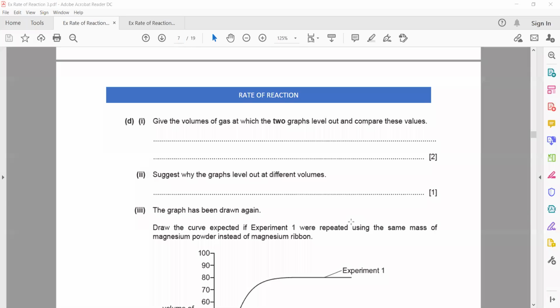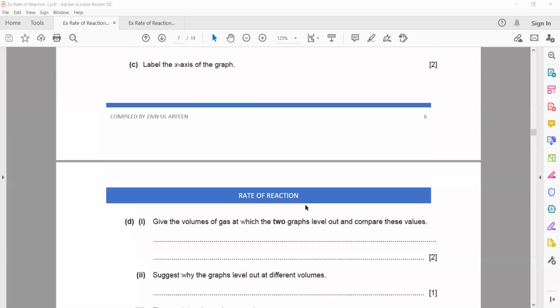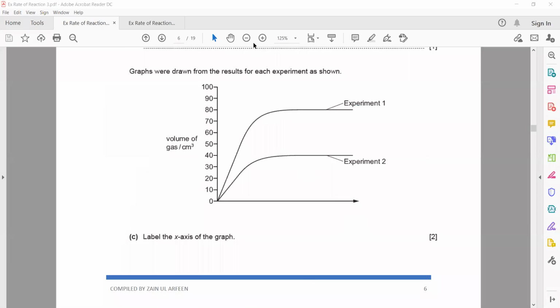Give the volume of gas at which the two graphs level out and compare these volumes. So what is the volume of the gas when these two graphs level out? For experiment 1, it is 80. And for experiment 2, it is 40. Whenever you are comparing, it means take a ratio.